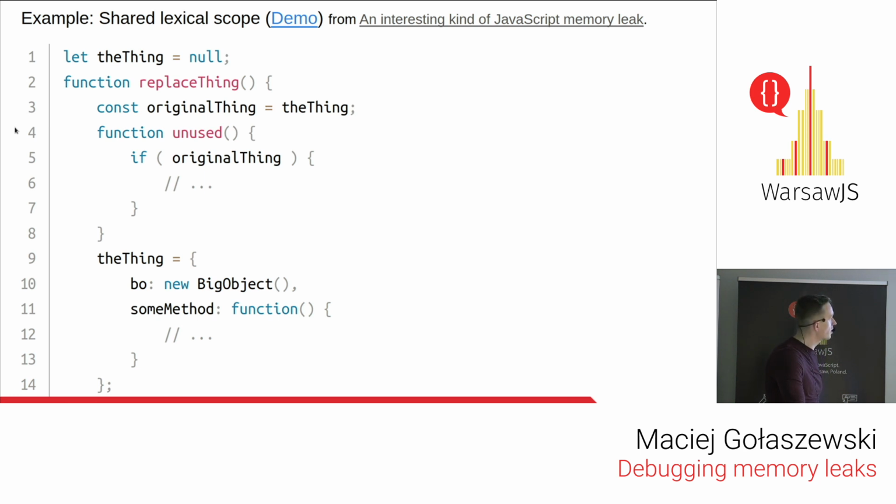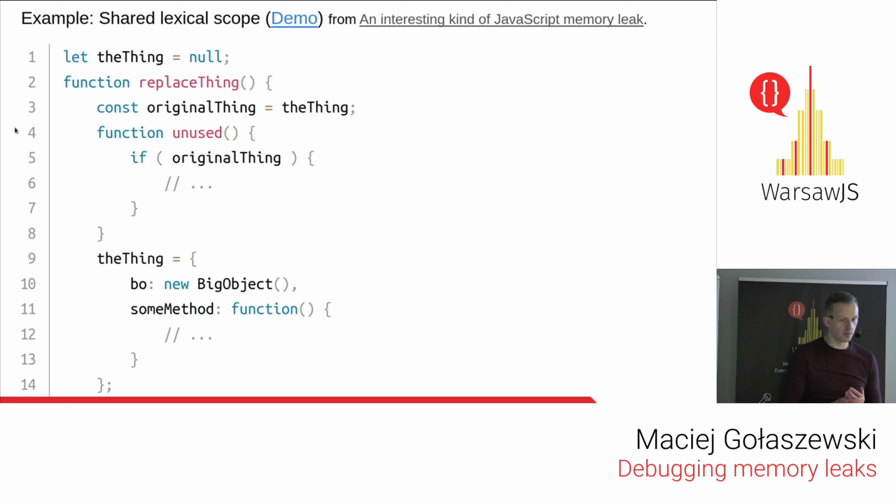Now, this example comes from a Meteor blog. Here is something that is not so obvious at first sight, because what is happening here? The function replaceThing, when it is called, saves the previous reference to the thing.